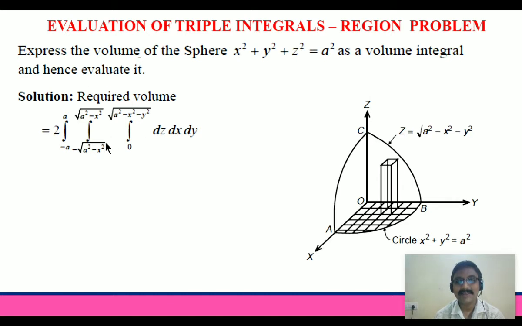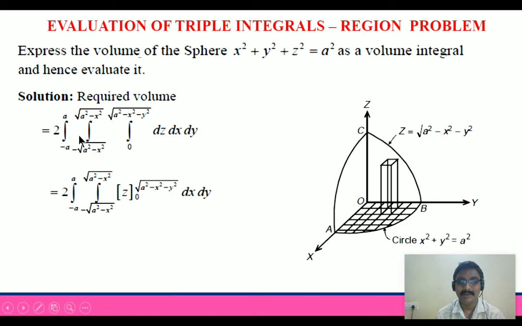So clearly the triple integration becomes double integration. That means we have to take the volume region in two-dimensional. That is, the orthogonal projection is considered in two-dimensional, so that the volume region is like this circle, whose y limits are negative root of a square minus x square to positive root of a square minus x square, and x limits are minus a to plus a.